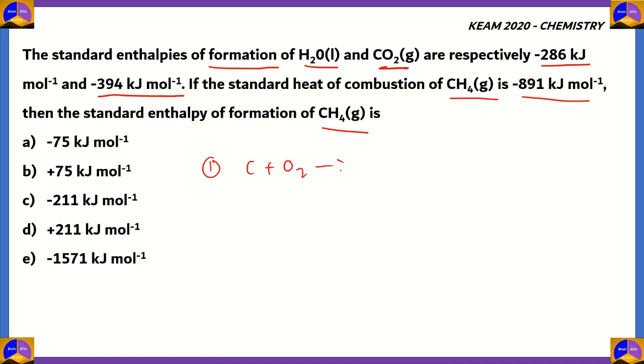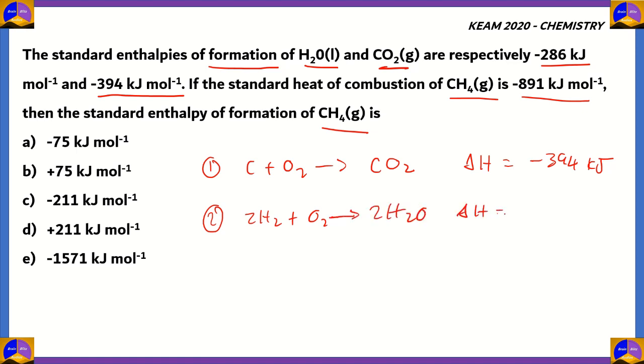So C plus O2 gives you CO2, and the enthalpy of formation here, that's delta H, is minus 394 kilojoules. For H2O, it'll be 2H2 plus O2, which gives you 2H2O. So delta H will be 2 times minus 286. So 286 times 2: 6 twos are 12, 8 twos are 16, 16 plus 1 is 17, 2 twos are 4, plus 1 is 5.